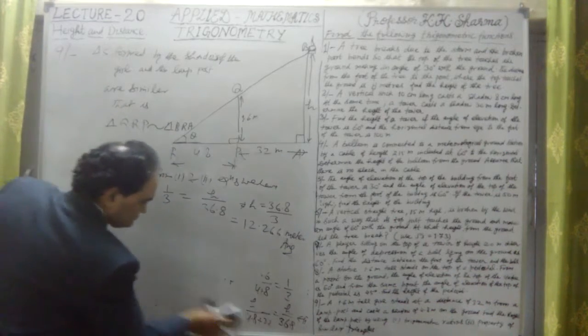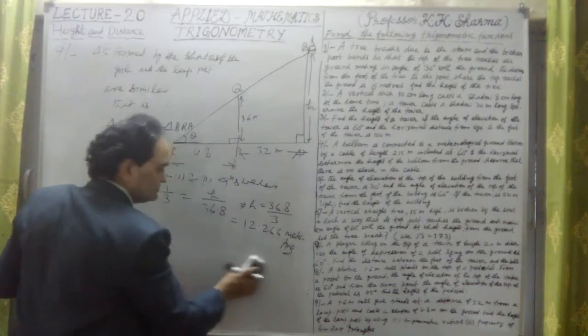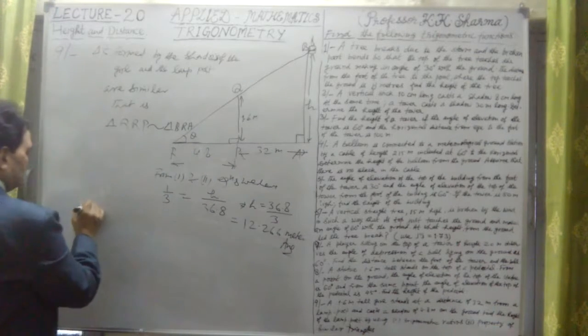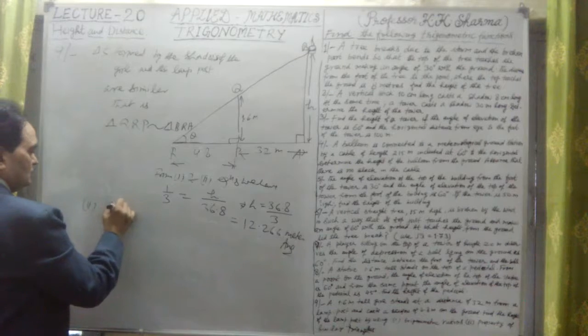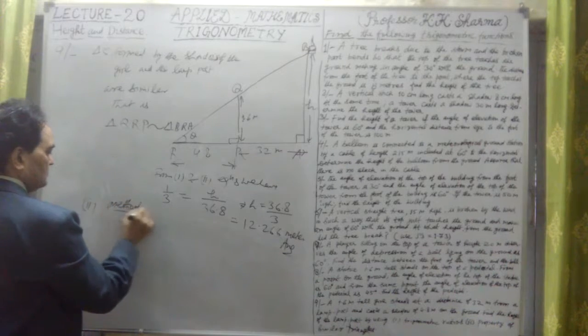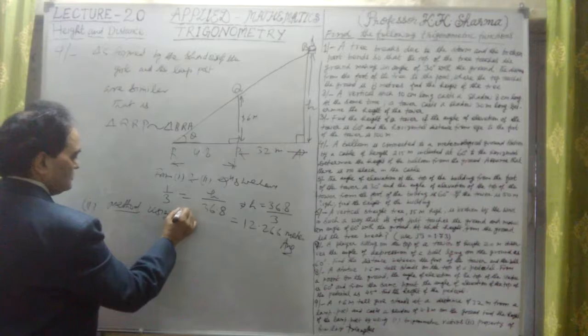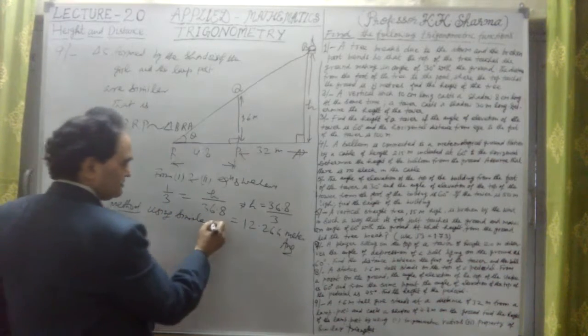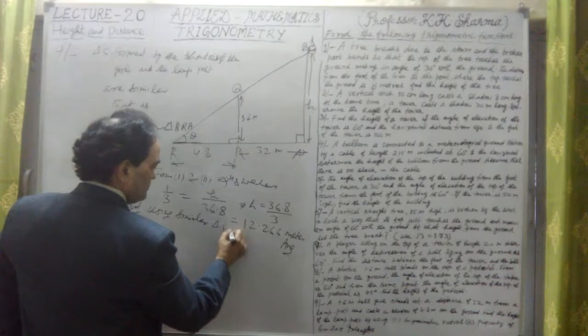So by trigonometric ratios we have just calculated this. Now let us take the second method, using the similar triangles property.